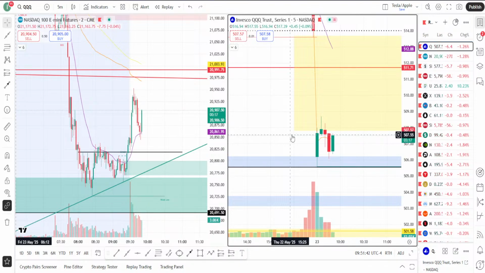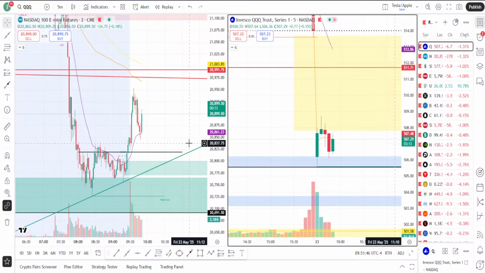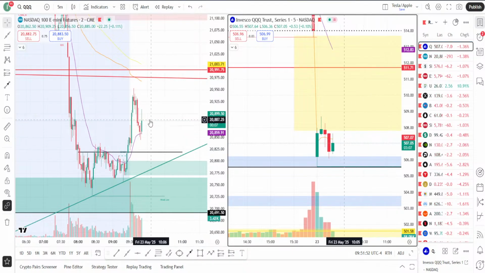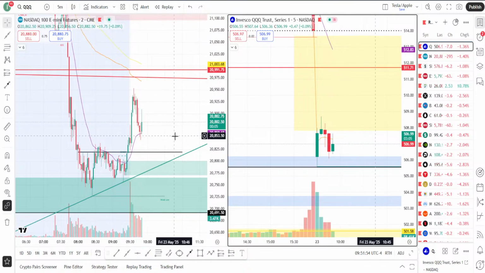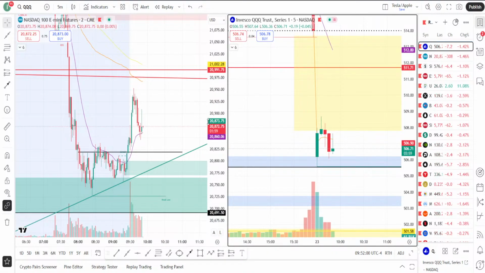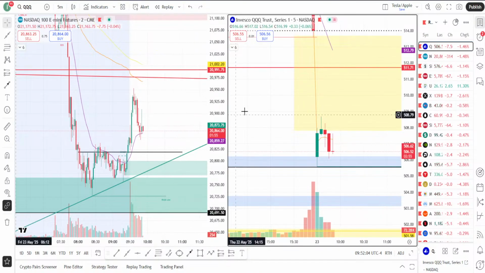Very strong candle. And the strength is weak. Started off strong and it's finishing at a weak finish. Strong start, weak finish.